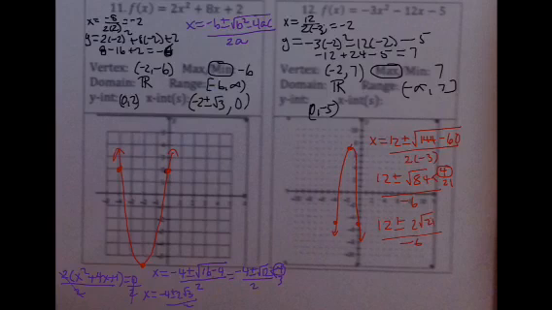I can factor out a 2 out of all the terms, divided by negative 6. So then the 2 and the 6 reduce like this. And so my x-intercept is going to be 6 plus or minus square root of 21 divided by negative 3, comma 0. And that's my two x-intercepts.